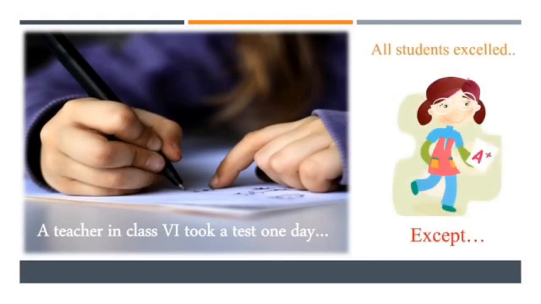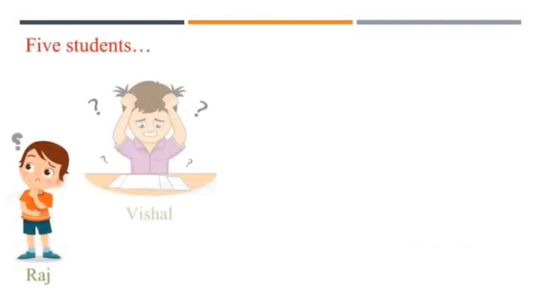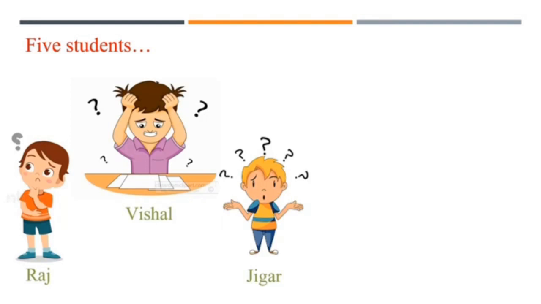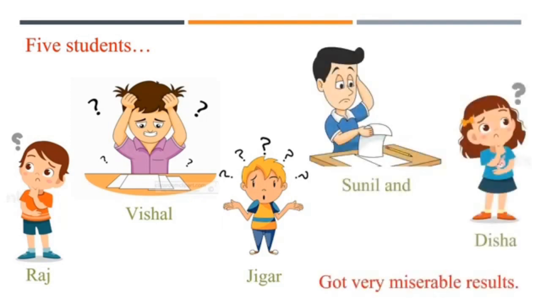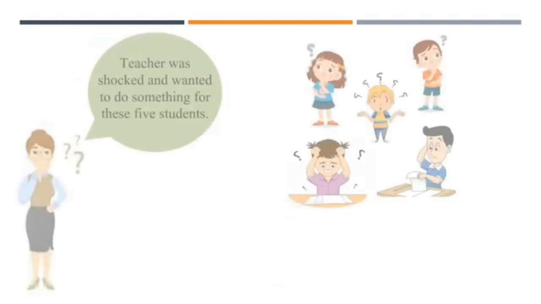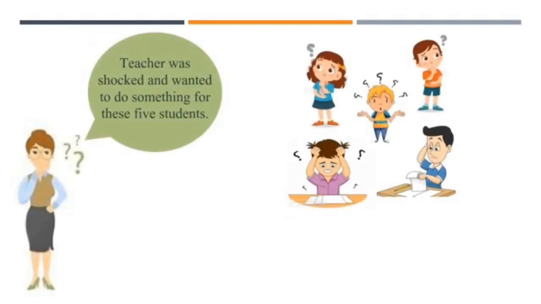All students excelled except 5 students: Raj, Vishal, Jigar, Sunil, and Disha got very miserable results. The teacher was shocked and wanted to do something for these 5 students.